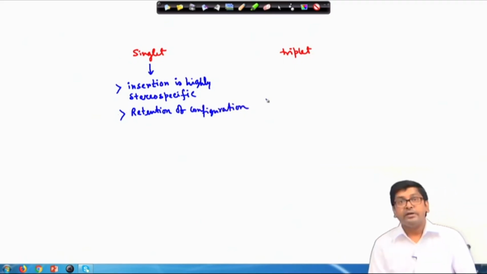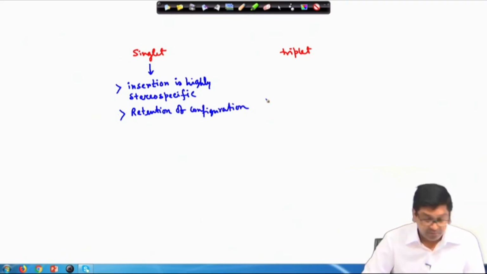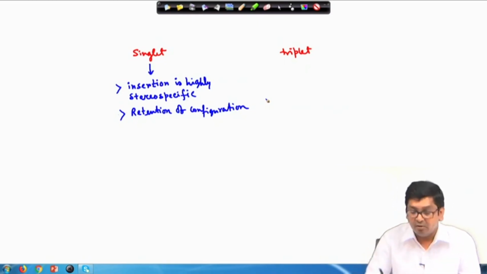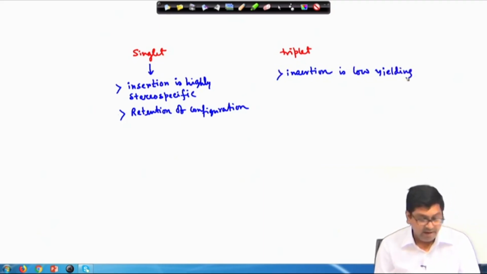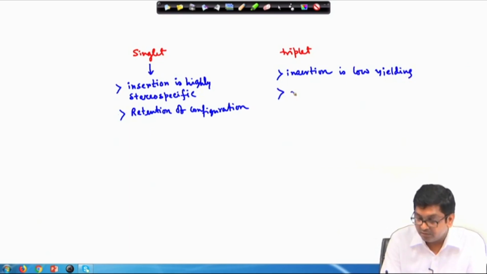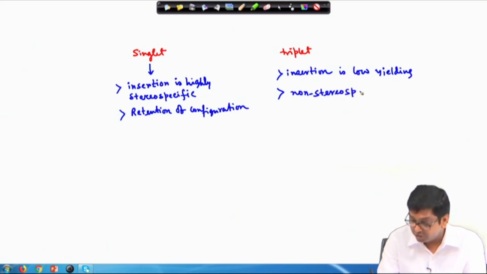Okay. And in case of triplet, what is found is that generally the insertion is low yielding, and it is a non stereospecific insertion.